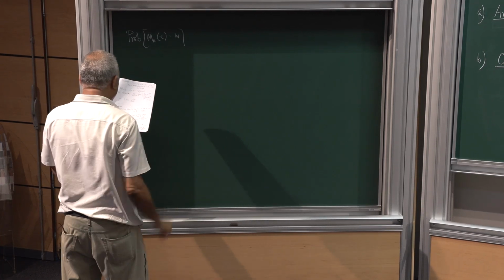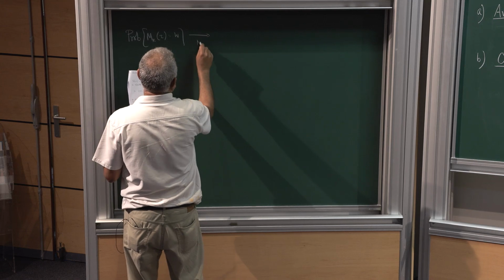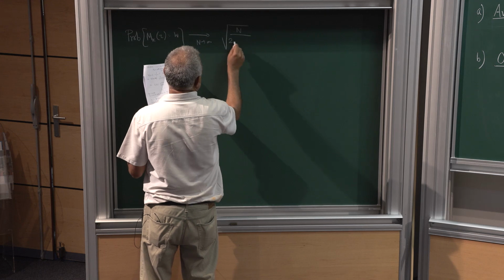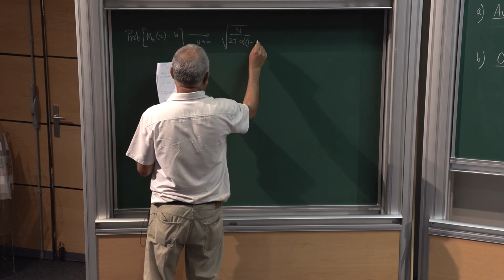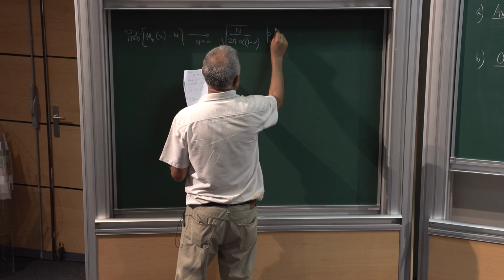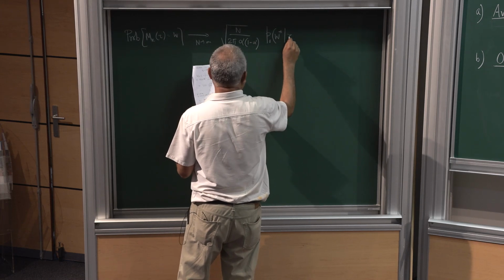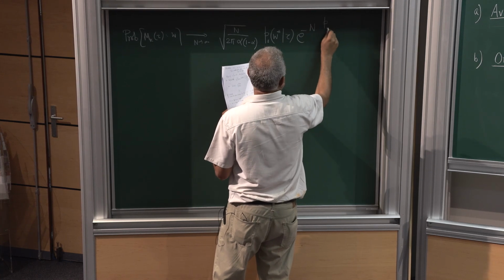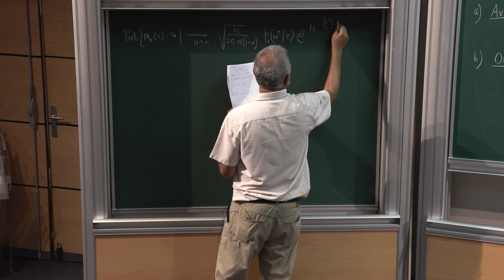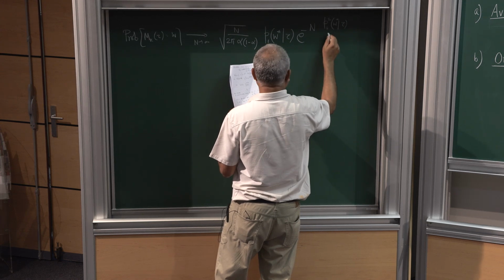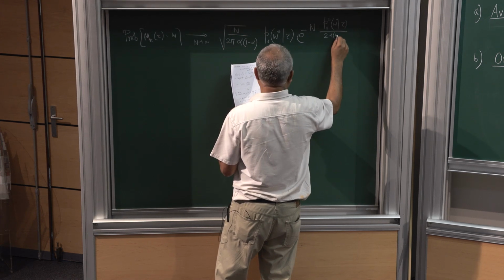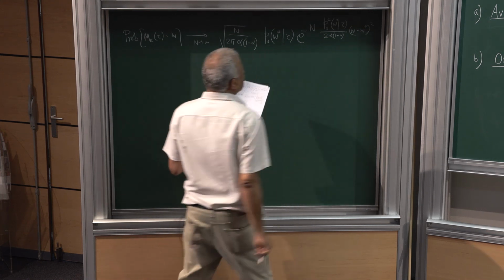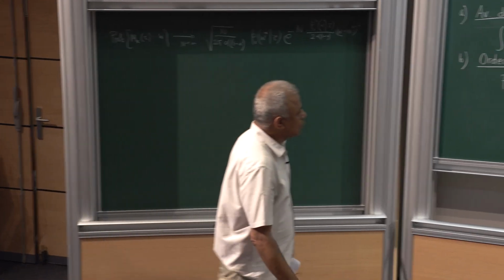First do it for fixed tau, and then in the large n limit, you just look at this part here.